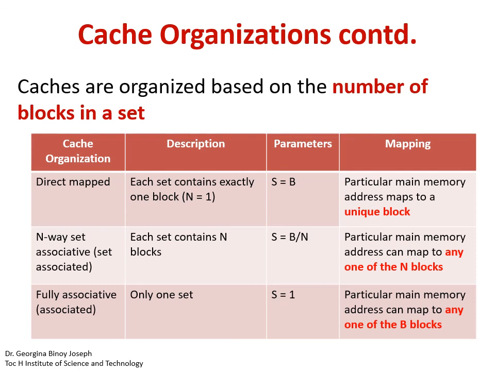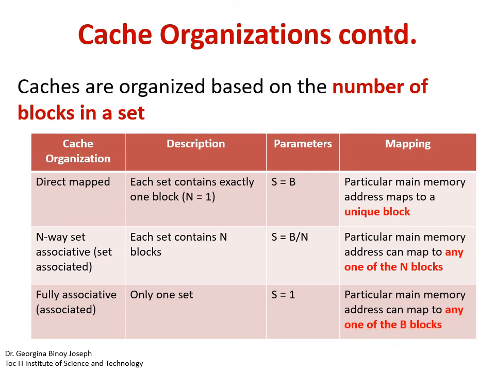Inside that single set, how many blocks are there? There are B blocks, because the entire cache is organized as one set, and we know that there are B blocks in the cache. So the entire B blocks are inside that single set. The particular main memory address can map to any one of those B blocks.